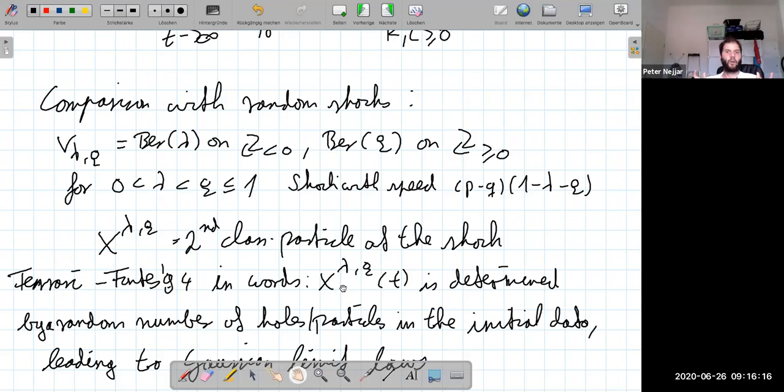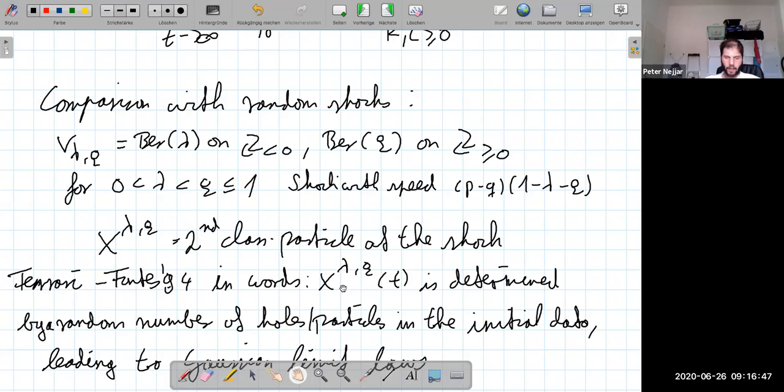Okay, so each one of these random numbers of holes is going to be a sum of IID Bernoullis, and hence by the central limit theorem, each one of these numbers of holes and particles will converge to a Gaussian. Okay, and then the second class particle will converge in distribution to the difference of these two Gaussians, which are independent, and hence this difference is again a Gaussian.